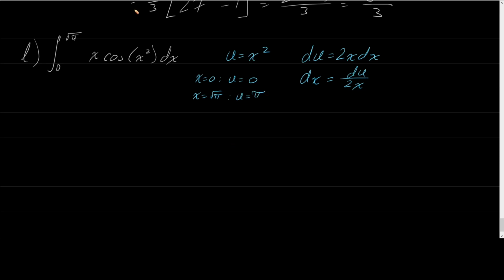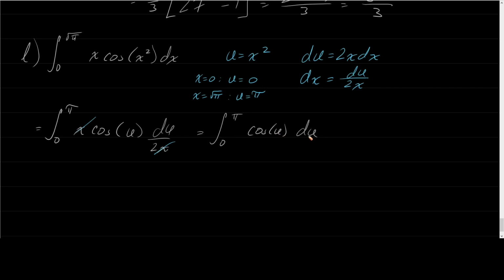So what we get now is the integral from 0 to pi of this x, which wasn't part of our substitution, so it's still there, times cosine of this x squared, that was our u, dx. dx was du over 2x. So we see there that the x's cancel each other out, and what we end up with is just the integral from 0 to pi of cosine of u du.